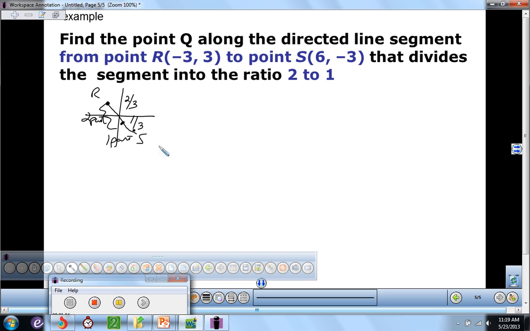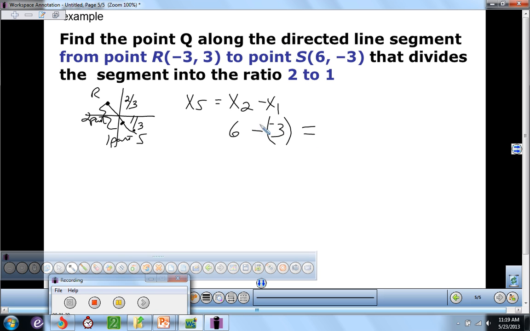Now what we need to do here is come up with the change in X and the change in Y. So we'll start out going from R. So change in X is X2 minus X1. X2 would be 6 minus X1, which is negative 3.